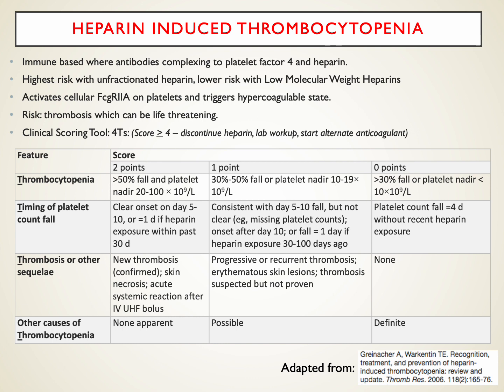There are a number of different ways you can assess the risk for HITS, and probably the most common thing that we see in clinical practice right now, and for the last decade or so, is the 4T tool that's listed here, where you assign patient points for whether or not a patient has a risk for thrombocytopenia.